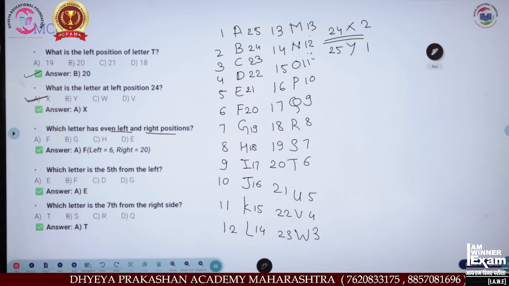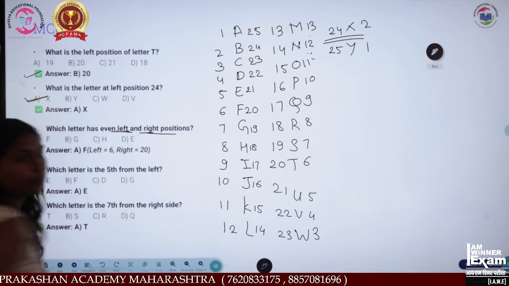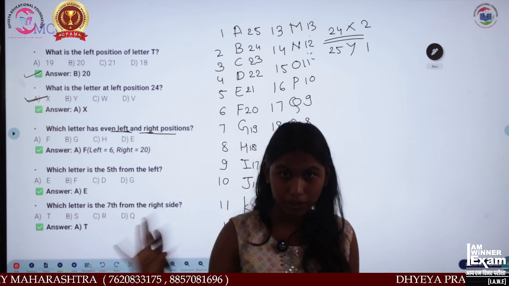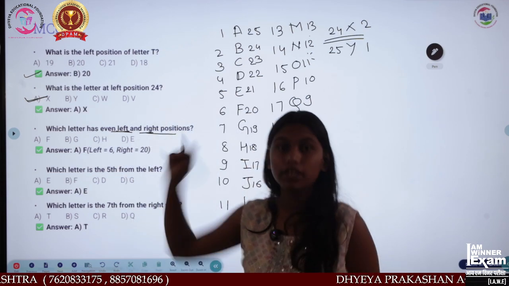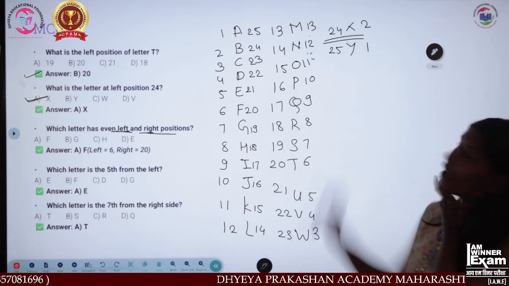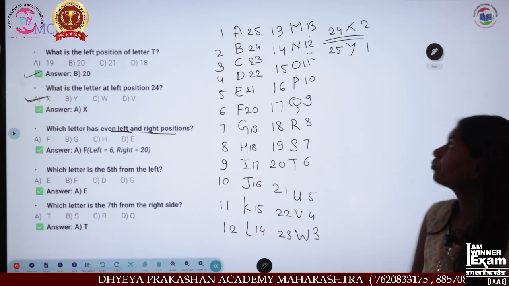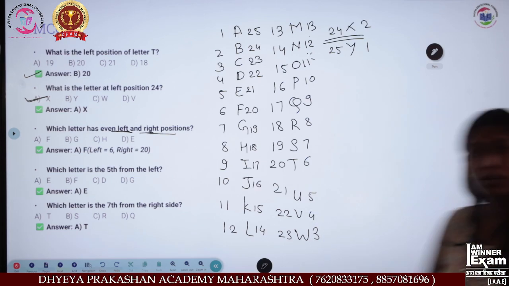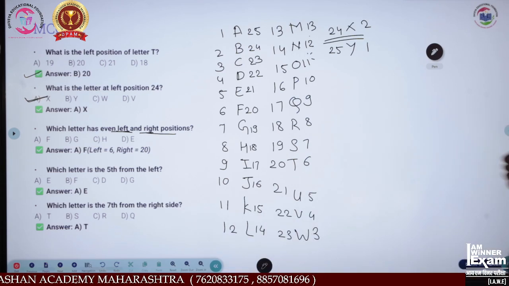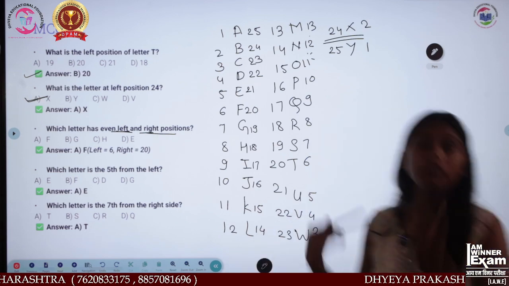Now they are asking about the even number: which letter has even left and even right. That means the number will be the same on left and right? Let's find the letter which has the same number on the left hand side and on the right hand side.